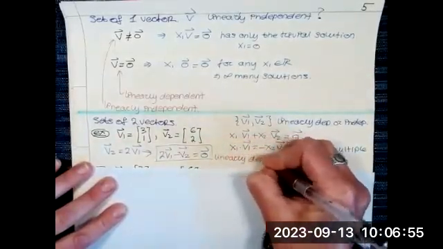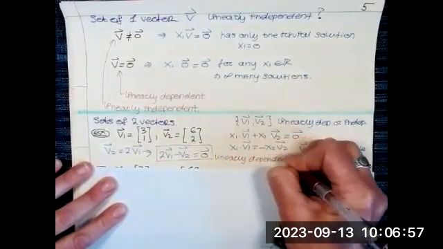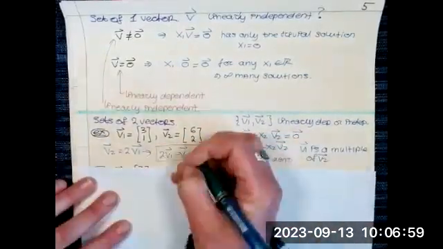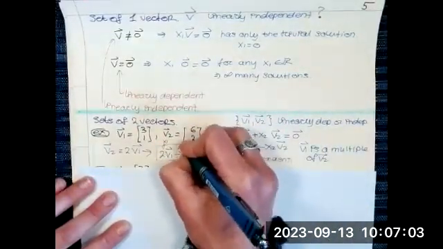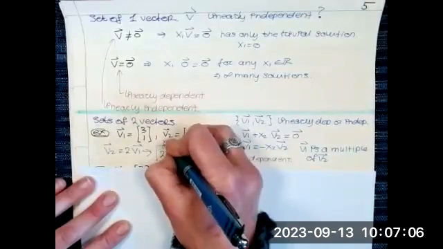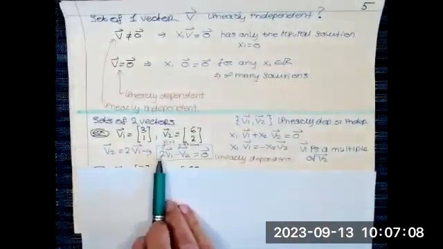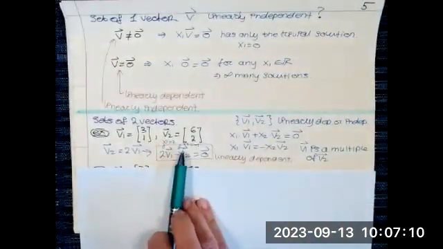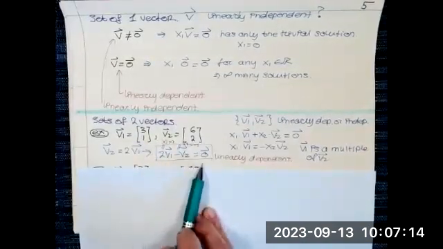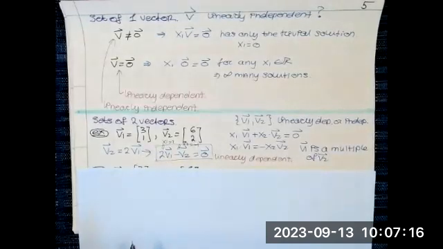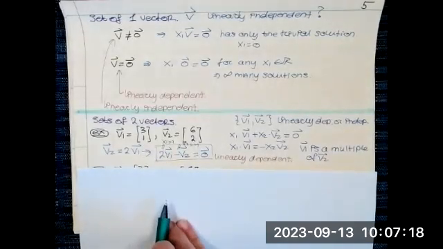Linearly dependent. Where 2 is my x1 and my x2 equals minus 1. So I am able to find x1 equals 2, x2 equals minus 1, such that when I take this linear combination, it equals a 0 vector, which means that my set is linearly dependent.